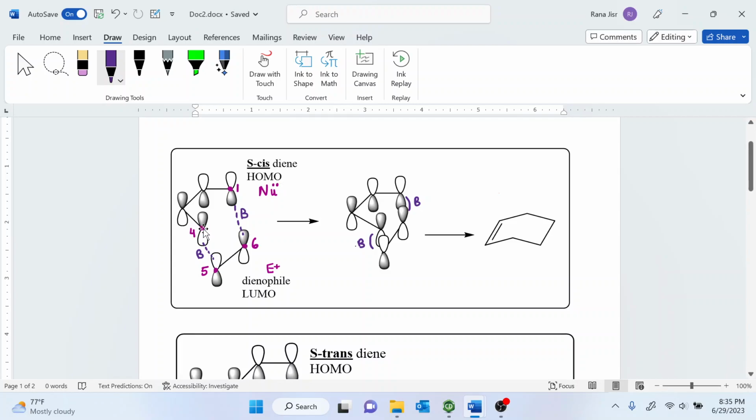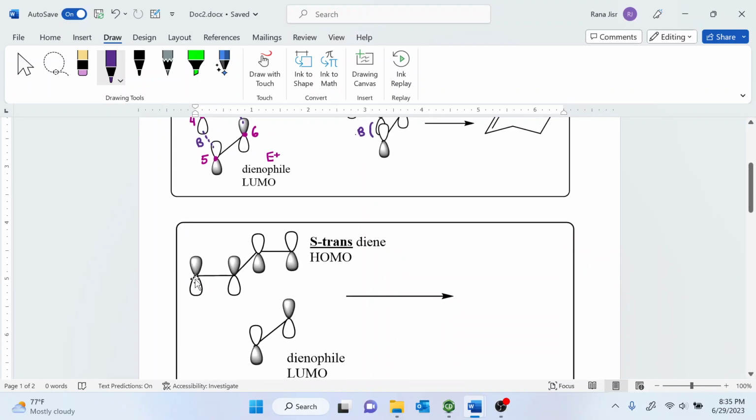If carbon number 4, frontier orbital, which is the p orbital, is far away from 5, as in the S-trans conformation. So this is carbon 1, this is carbon 2, this is a 3, and this is 4. So 4 is far away from 5.